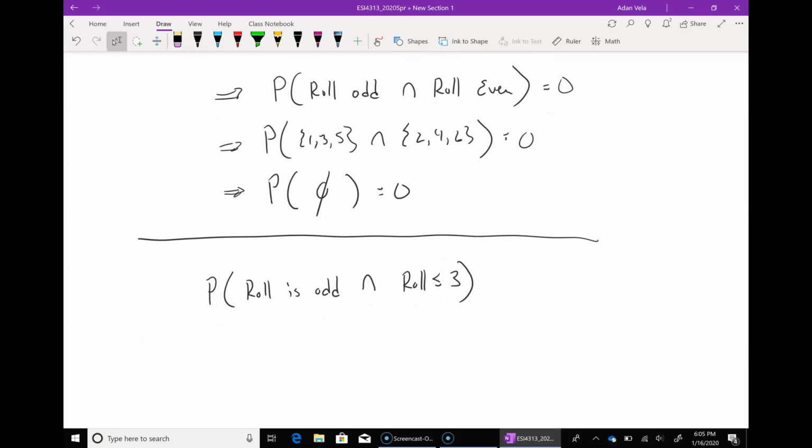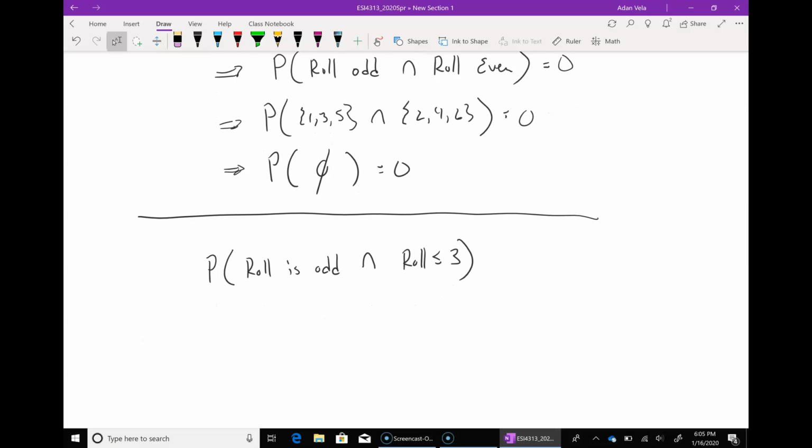The roll is odd can happen a few different ways: 1, 3, and 5. While the roll is less than or equal to 3 can happen by 1, 2, and 3. Now, if we look at these two sets, they are not mutually exclusive because they have some values in common.